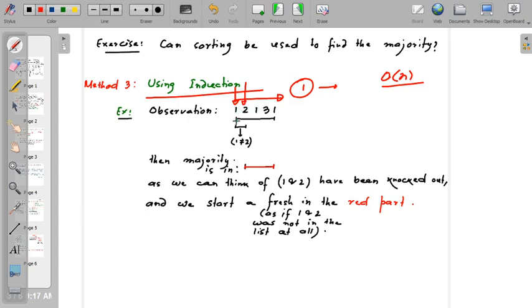That means I will be approaching the problem incrementally. First I think we have a two element array. Then after this part is over, I can start from here to here, or I can start from here to here.